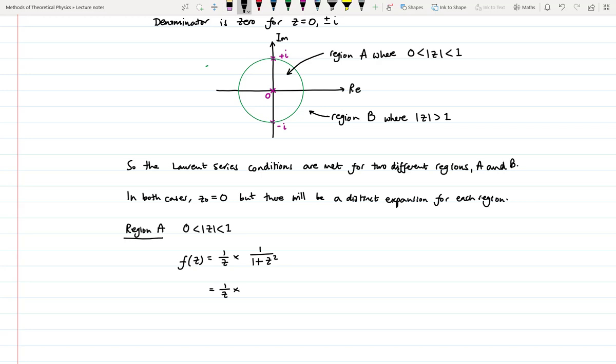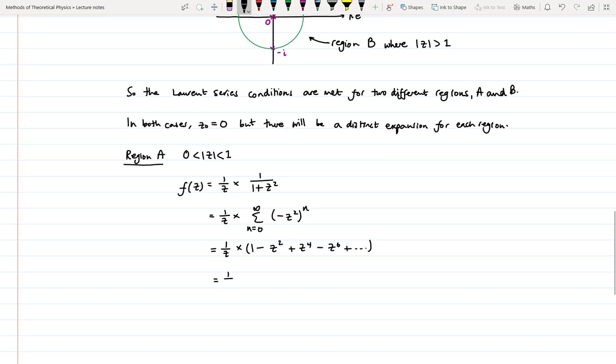Substituting that in, this is the sum from n equals 0 to infinity of (minus z squared) to the n. And you can check for yourself using the ratio test that this geometric series converges in the region that we're interested in. We can multiply that out to have 1 minus z squared plus z to the 4 minus z to the 6, and so on.